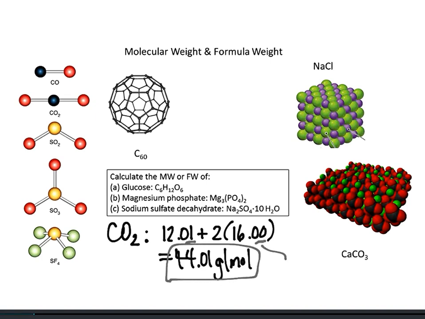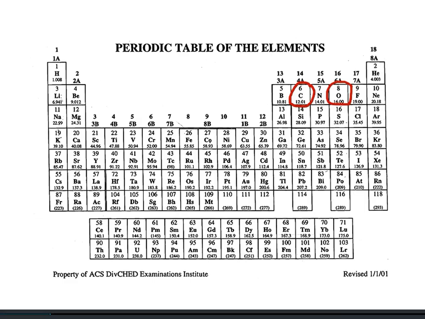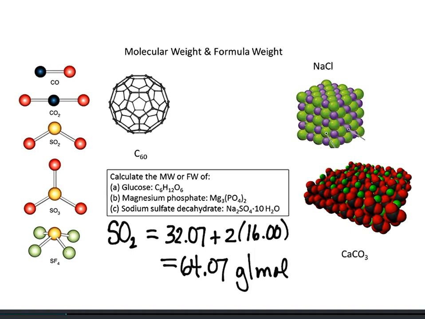And here I'm underlining the least significant digit, the hundredths place, and that's why my answer is rounded to the hundredths place. SO2: if we go back to the periodic table, sulfur is here, 32.07. So we're going to do 32.07 plus 2 times 16, which gives me 64.07 grams per mole, or AMU. Again, accurate to the hundredths place, 2 digits after the decimal.